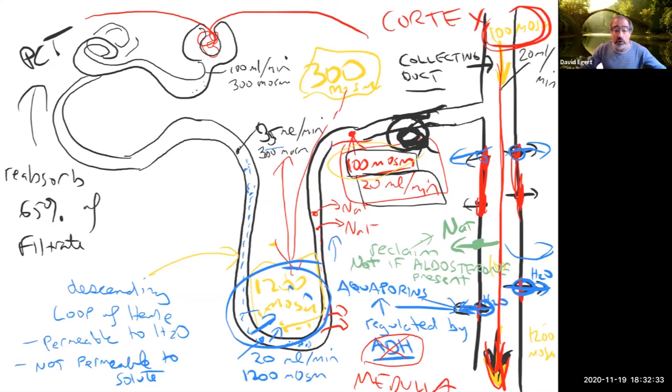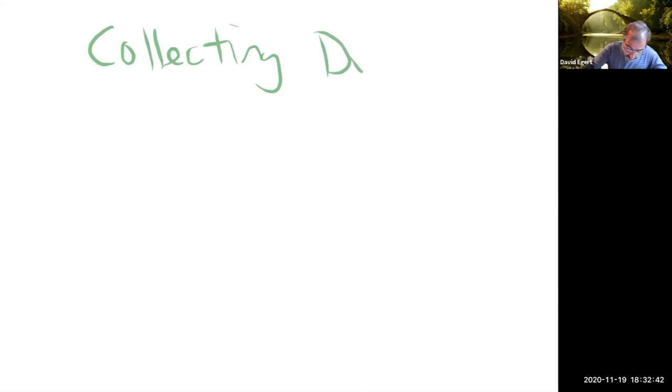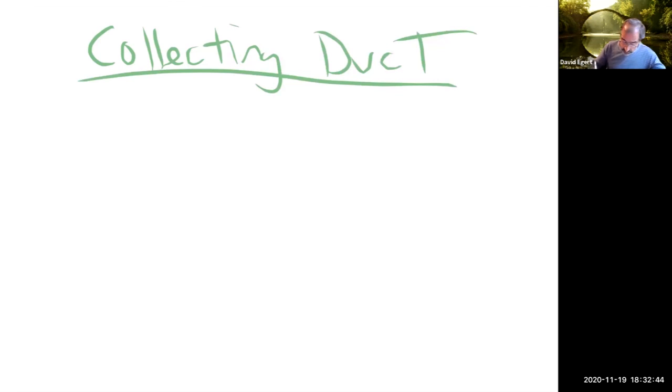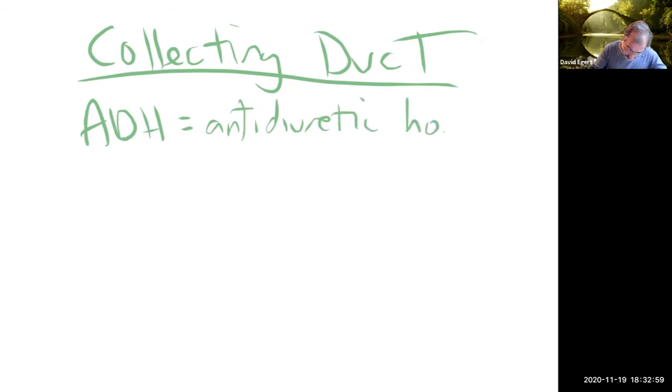So there's two major hormones at work in the collecting duct: ADH and aldosterone.